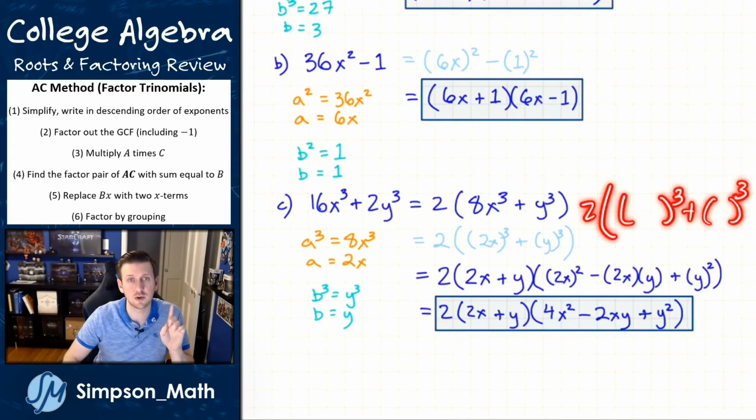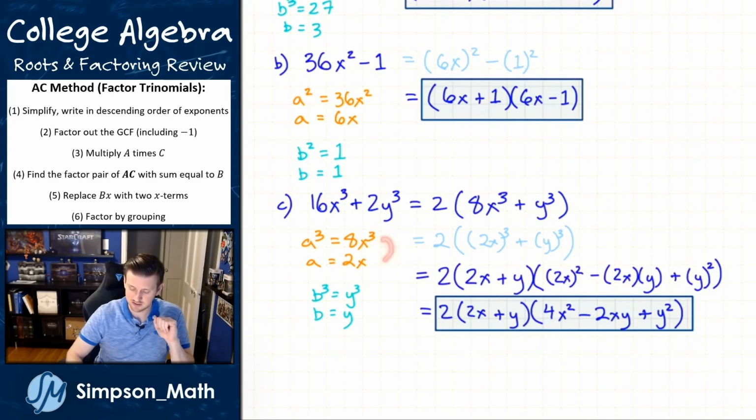What could I put in those blanks to make that true? Well, if I put in a 2, that would give me the 8. If I put in an x, I would get the x cubed. So 2x in parentheses cubed is 8x cubed. What could go in this blank? A y. So you can think of fill in the blank, that might fit your style more than just cube rooting these things.